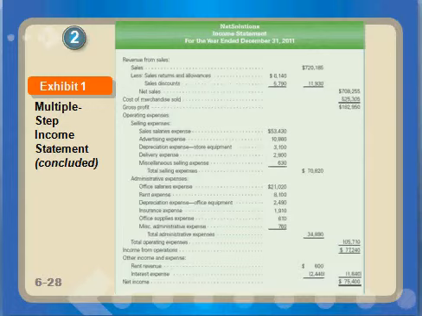And then we take our expenses and break them into selling expenses and administrative expenses, and that gives us our total operating expenses, and that gives us income from operations. And then we add the other income and then subtract the other expense, and that gives us a net income of $75,400.